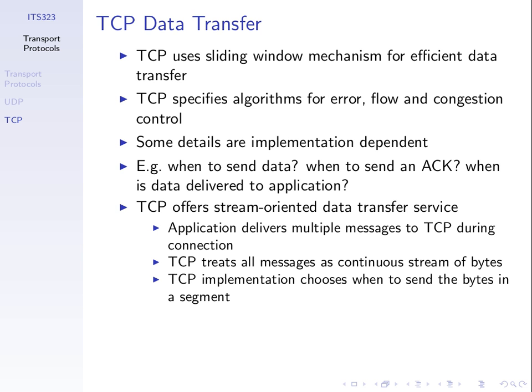It has algorithms for flow control. The source cannot send data as fast as possible. There's some limit as to how much data it can send so that we don't overflow the receiver. And we've seen the general mechanisms just after the midterm of the stop-and-wait flow control and sliding window flow control. TCP uses a sliding window mechanism.